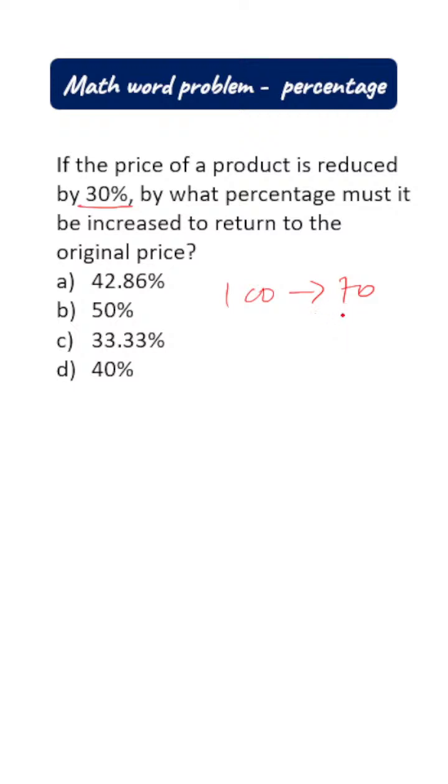So for us to take this 70 back to 100, what percentage of 70 are we going to add that will give you 100? So first of all, what are we going to add? We're going to add 30. Now 30 is what percent of 70? We can just say 30 over 70 times 100%.